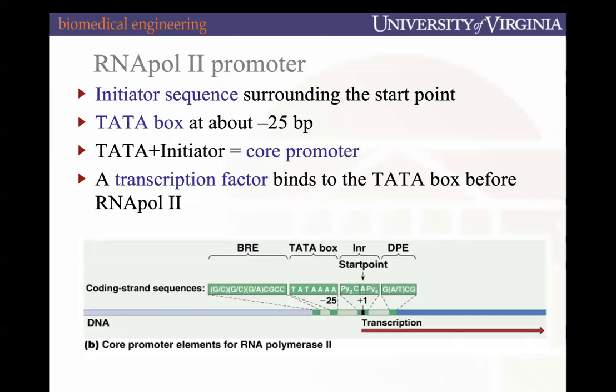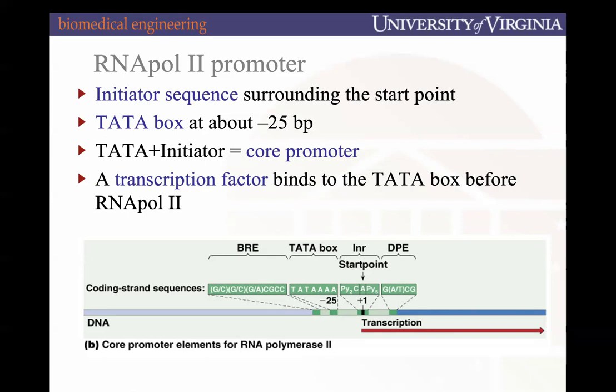So, the properties of the promoter that recruits RNA pol 2: we have what's called the initiator sequence. It's this stretch of DNA that surrounds the start point. Again, the start point is denoted by this little black box that has +1 above it. That is the first DNA nucleotide that's actually going to be used during transcription.